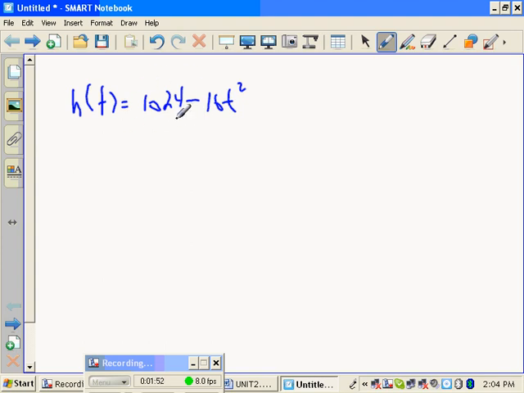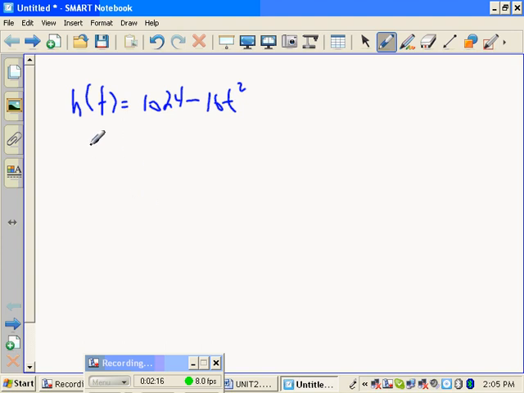Roughly, I don't know, 100 stories or something, right? And it's falling down due to gravity. This is g over 2, if g is negative 32 feet per second squared. So time is in seconds, h is in feet, and this is a bowling ball falling on somebody's head, okay? Now, what does this graph look like?